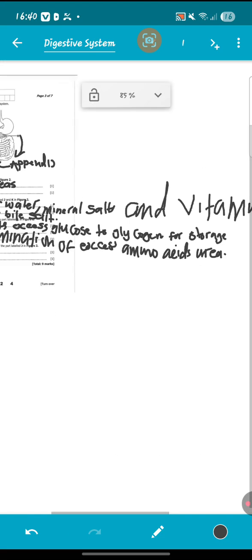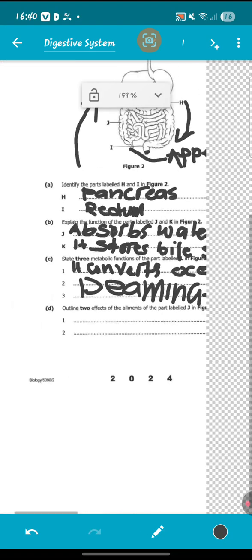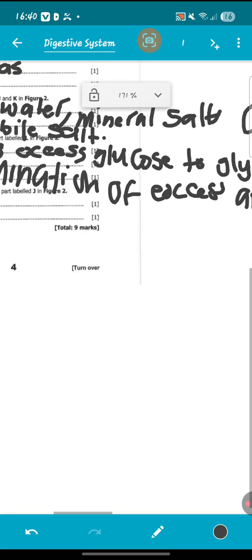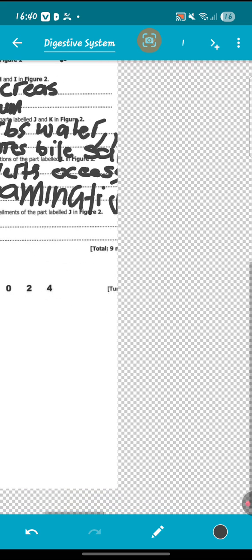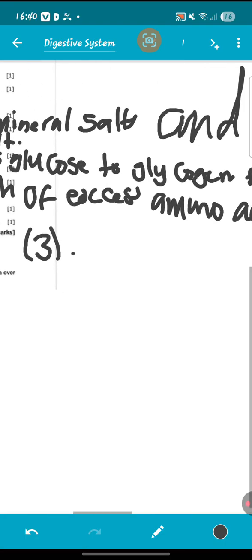Still done. Then we have the other one, which is the last one. We can say detoxification of harmful substances. For instance, those who are taking beer. Let me just write it here, I don't know if you'll be able to see. So, three. Sorry, I don't have enough space.